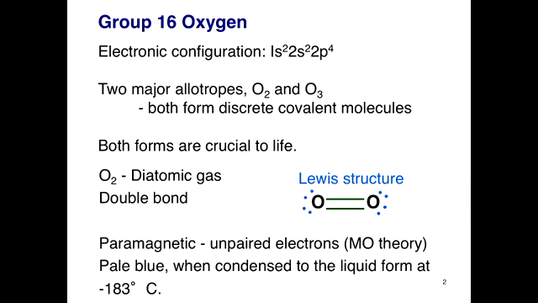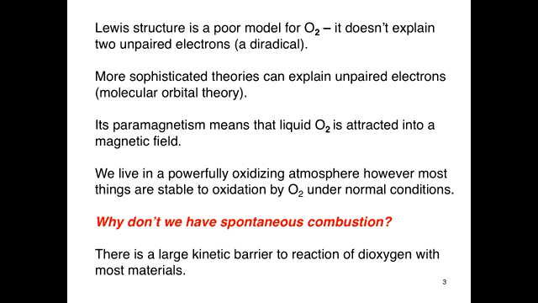So, what's going on with something like oxygen? Well, let's just think about this material O2. 20% of the atmosphere in this room is O2, where the room is filled with combustible material. I'm made of combustible material. My clothes are made of combustible material.